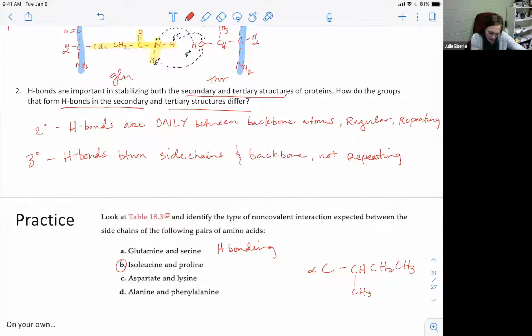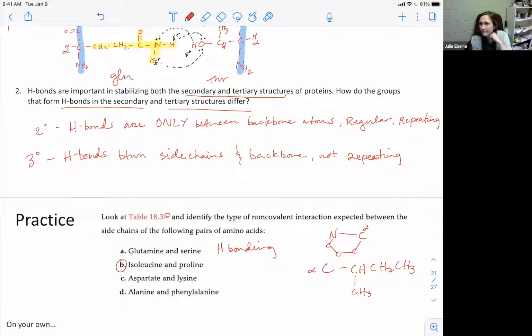Proline is kind of weird. If this is the alpha carbon, we have this amine group that kind of bonds the two together. But these are all carbons, hydrocarbons. So we have two side chains that are just carbon and hydrogen.